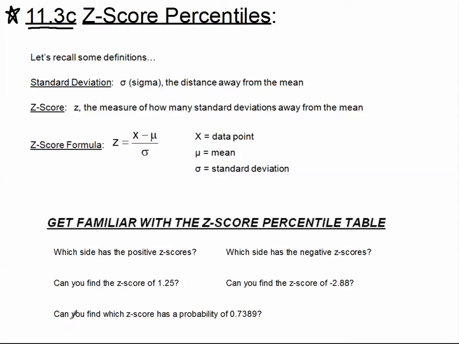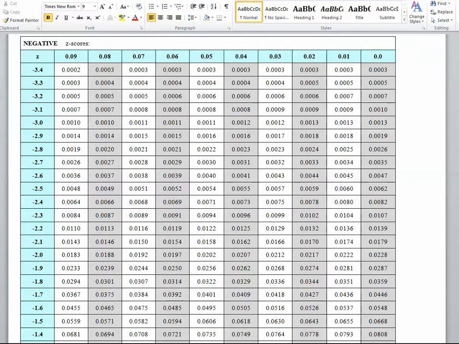So our final question, can you find which z-score has a probability of 0.7389? So this is kind of going backwards. Instead of giving you the z-score and you tell me the percentage, this time I'm giving you the probability, basically the percentage, and you tell me what the z-score is. So we need to find which cell in our table is 0.7389. So let's go to our table and see if we can find that.